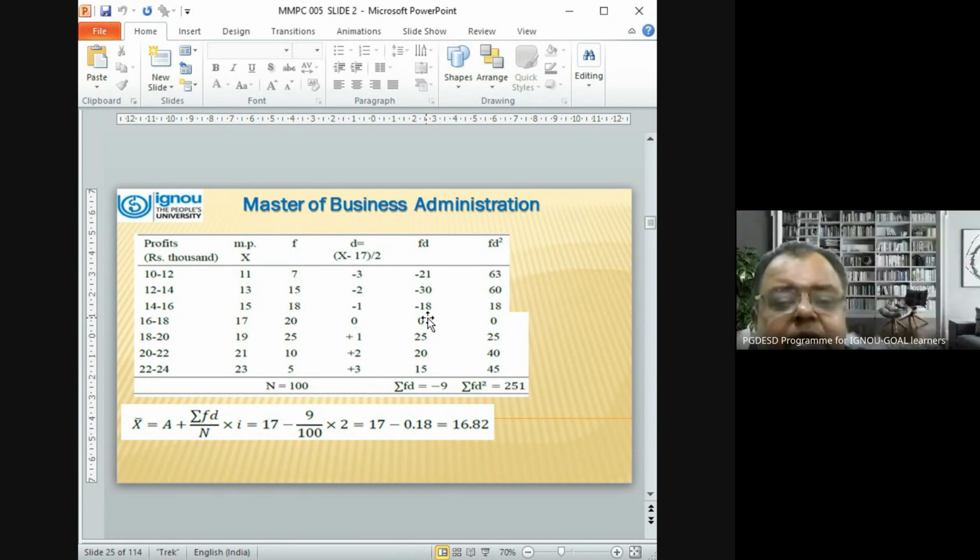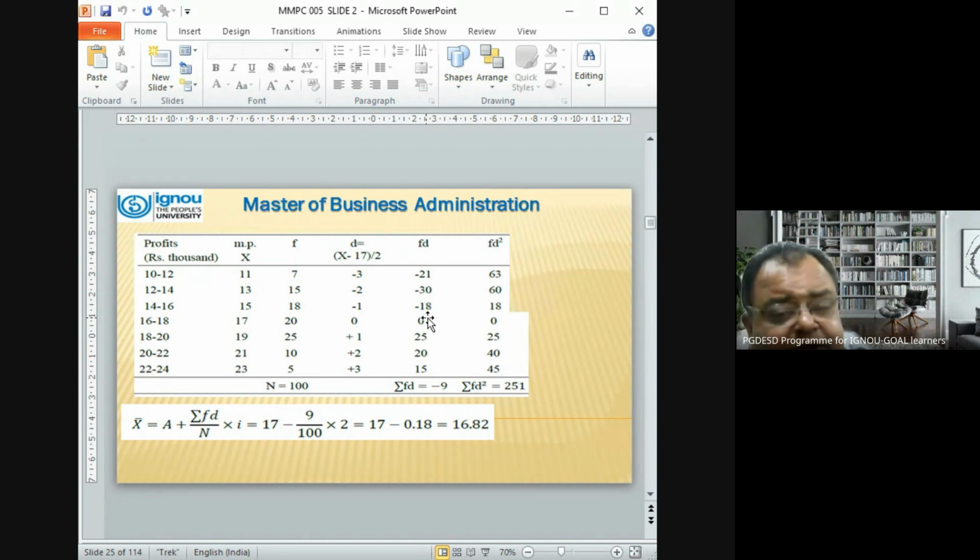Correct. Now we have to calculate FD and FD square. D is 0 for the central value, and above it, it is -1, -2, -3, and below 0, it is +1, +2, +3. We have to calculate FD and FD square, and we have to sum them up.